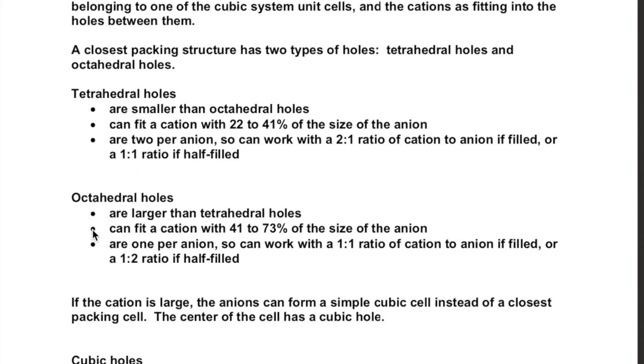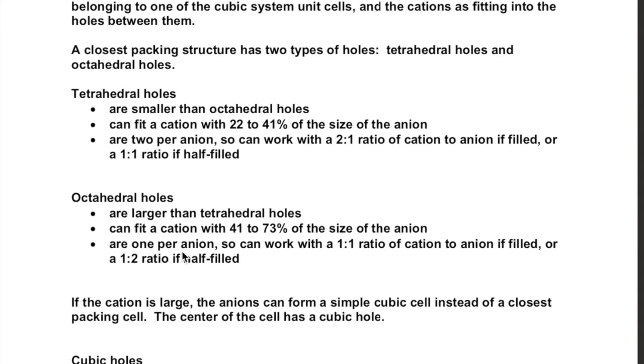The octahedral holes can fit a larger cation, up to almost 3/4 of the size of the anion. It's still smaller than the anion, but it could be half the size, it could be 3/4 of the size. There's only one of these larger octahedral holes per anion.